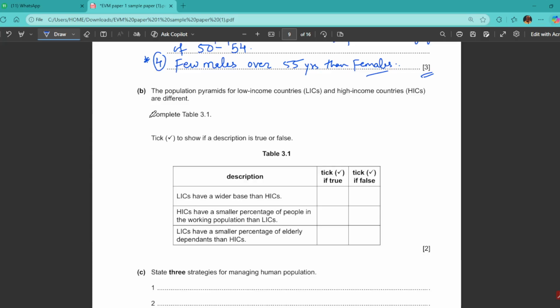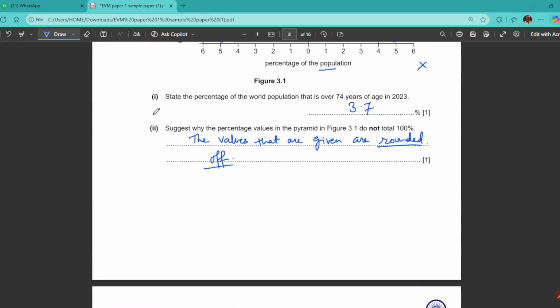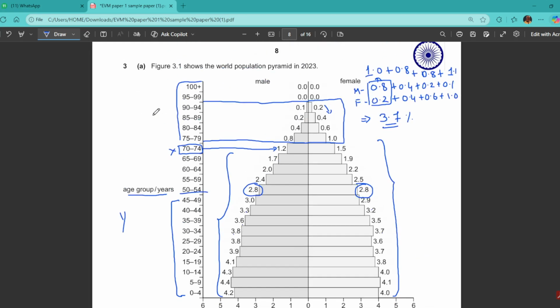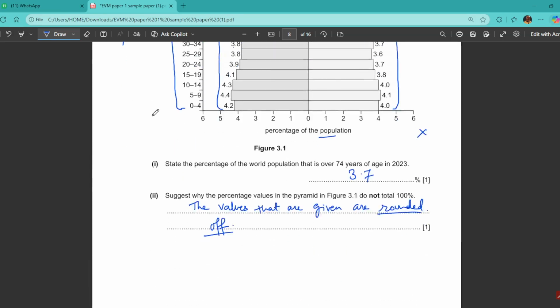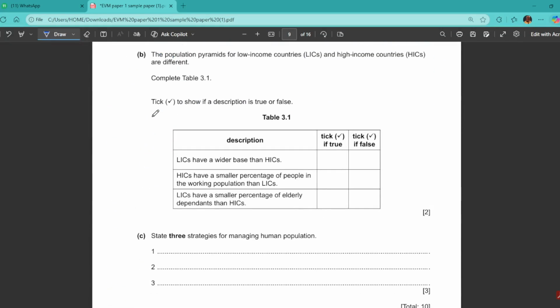Now LIC have a wider base than HIC. From where do you get this LIC and HIC? From the pyramid? Yes. Okay, this will be from the pyramid only. So what we see here, LIC have a wider base than HIC. Of course, it's true.